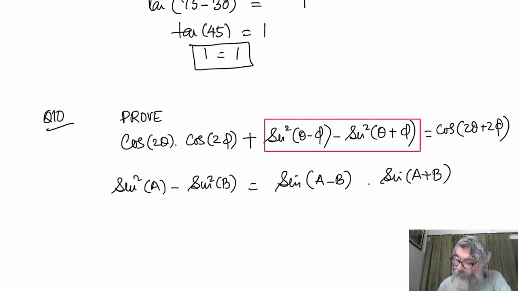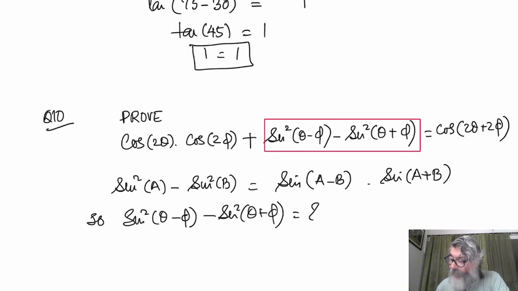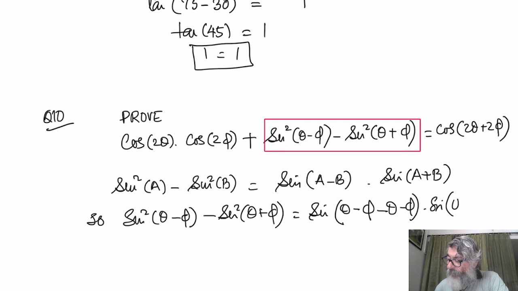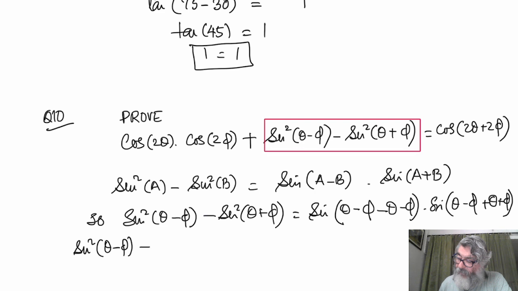So sin square(theta minus phi) minus sin square(theta plus phi) can be written as sin of (theta minus phi minus theta minus phi) into sin of (theta minus phi plus theta plus phi).